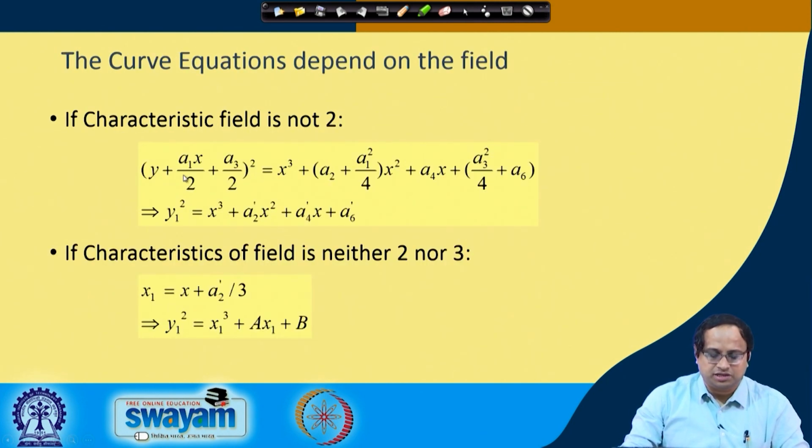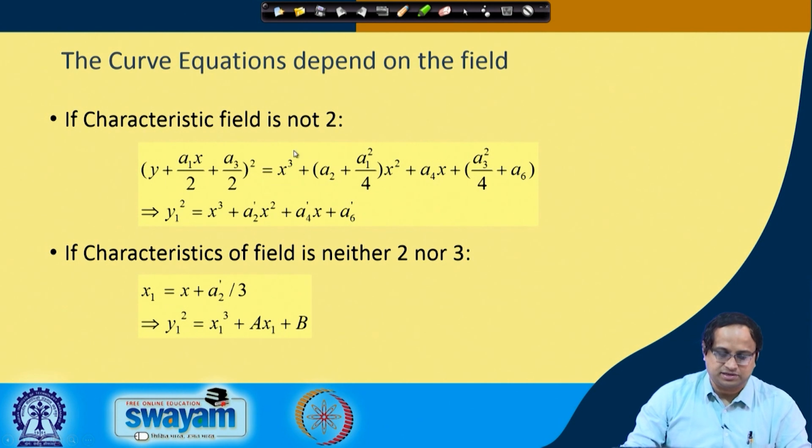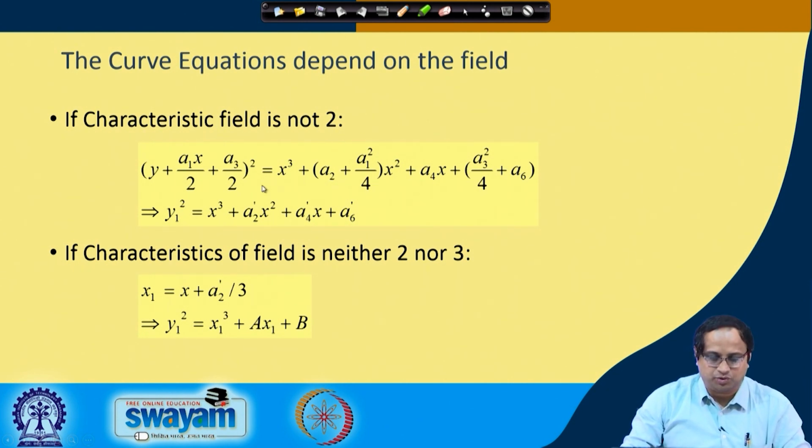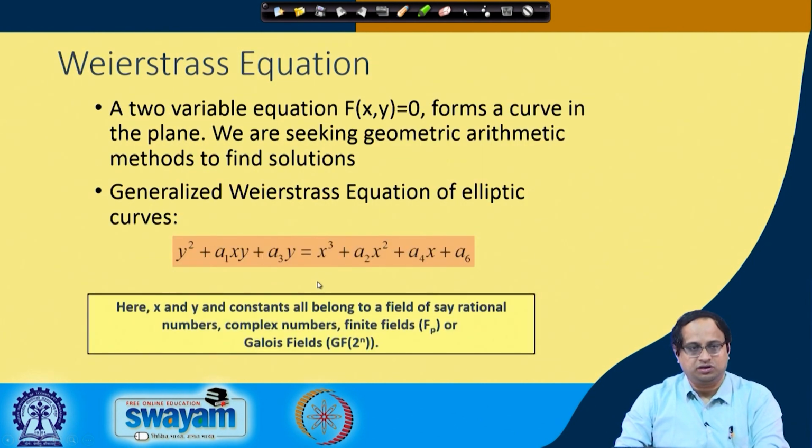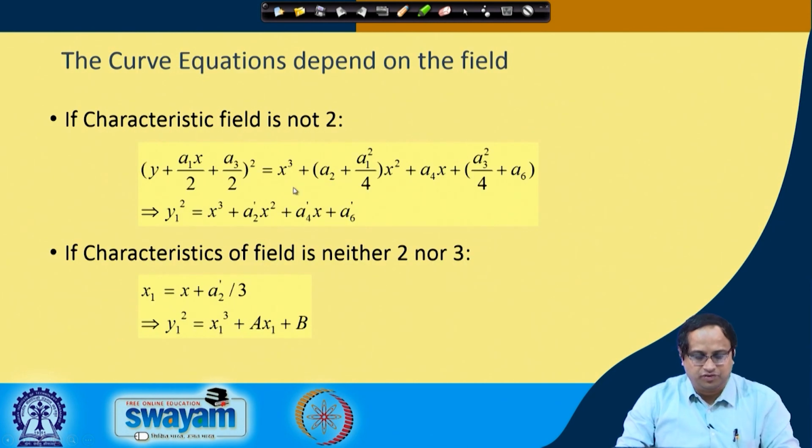So, here are some examples. I will not go into too many details about these derivations, but you can verify them subsequently. Suppose the characteristic of the field is not 2. That means I can take this equation and rewrite it in this form.